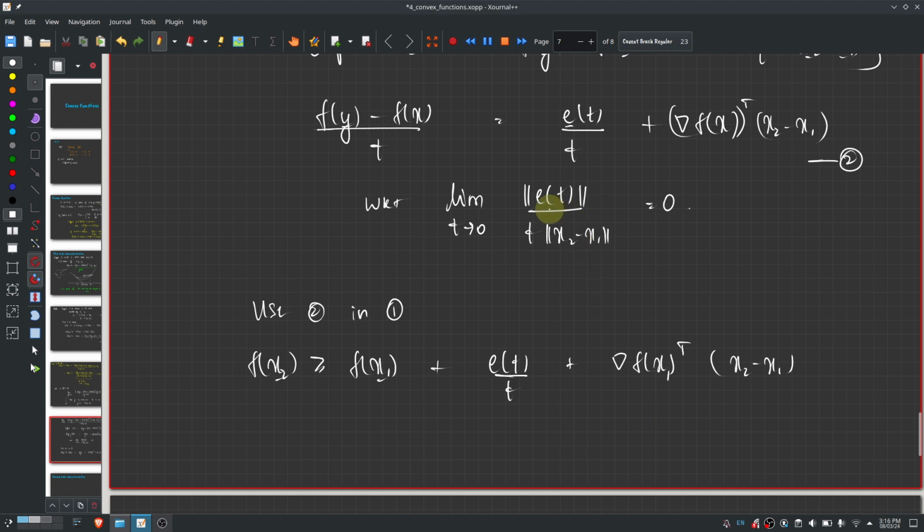Since the norm of e of t by t tends to 0, and x2 and x1 are fixed, the only thing I'm varying is t. So every component of e of t by t should also tend to 0. As t tends to 0, e of t by t tends to the 0 vector.